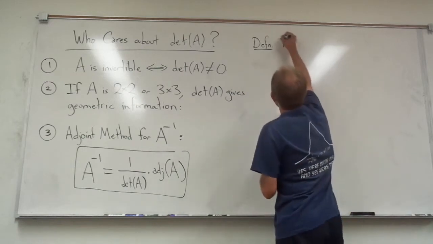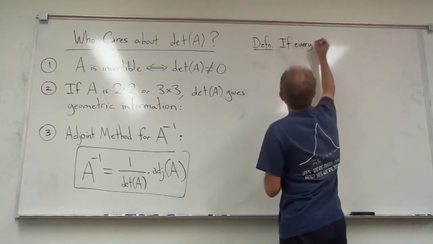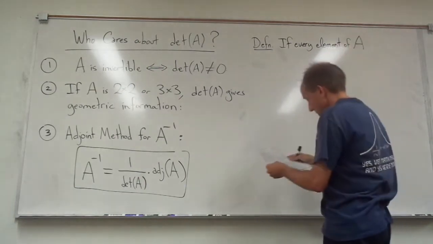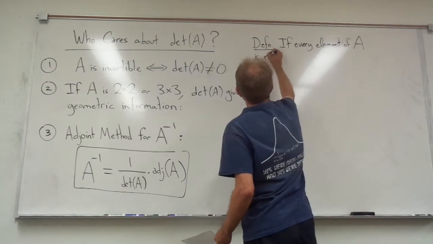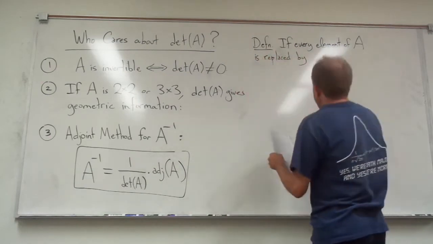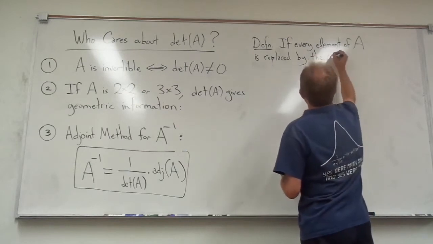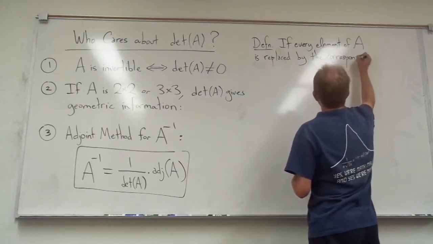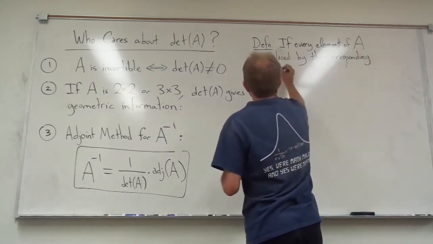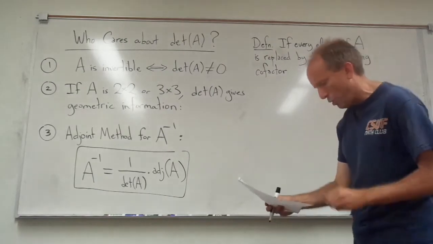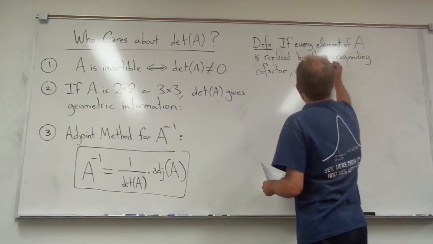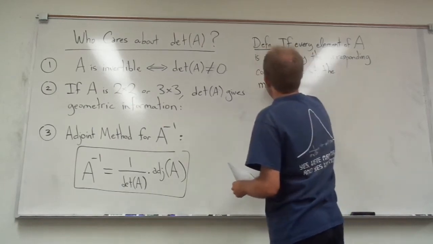So here's a definition: if every element of capital A is replaced by its corresponding cofactor, I'm going to show you an example in a minute, we get what's called the matrix of cofactors.